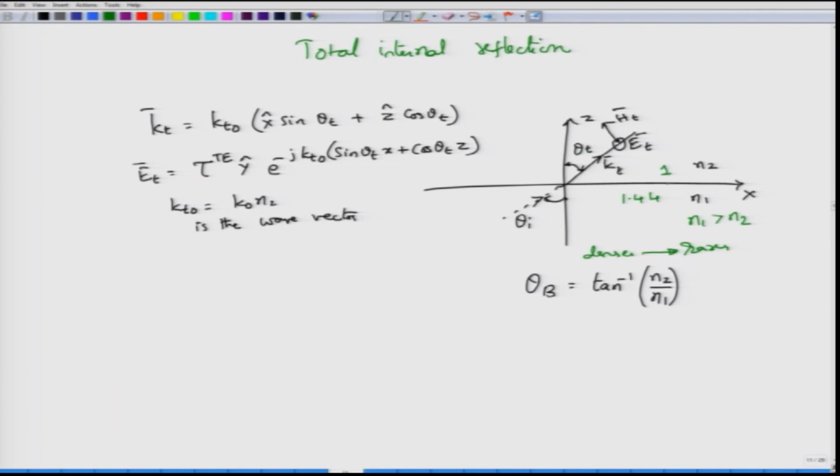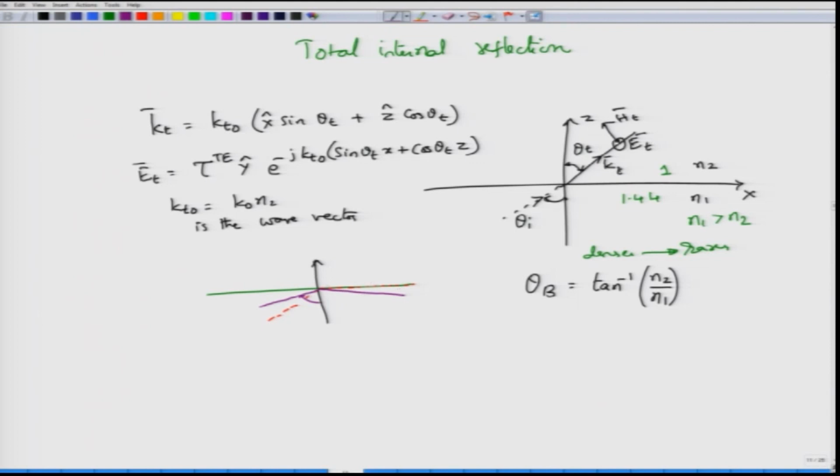Is our intuition correct? In this case where we are moving from denser to rarer, of course our intuition is wrong, because there exists what is called a critical angle. Once your light is incident at the critical angle, the transmitted ray would start propagating along the interface, and when you increase the angle of incidence beyond this critical angle, we have observed from our experience that there will be a reversal of the wave.